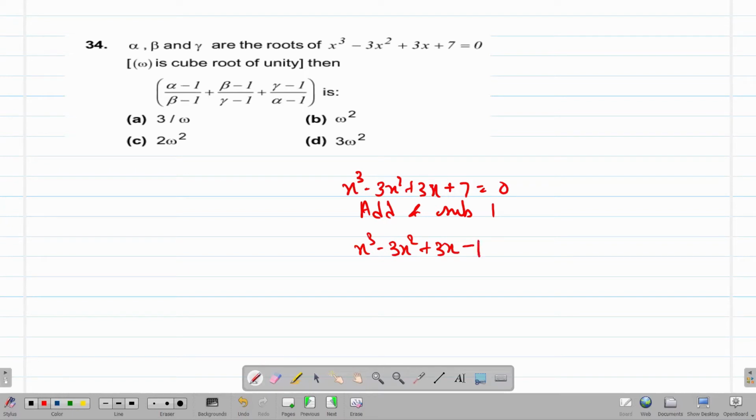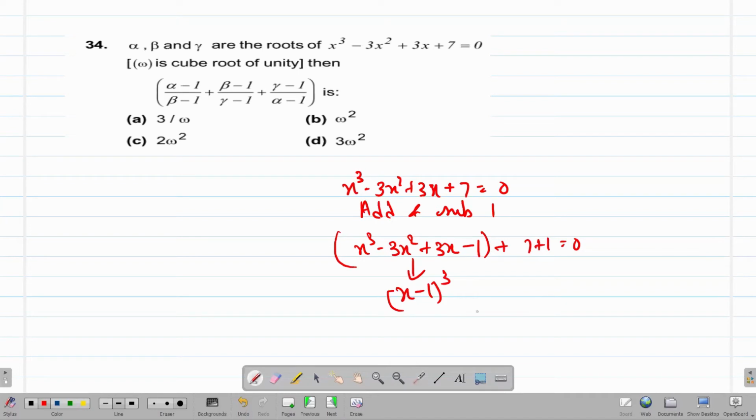This is subtracting 1 and this is adding 1. Now this becomes an identity, equivalent to (x minus 1) whole cube, that is x cube minus 3x square into 1 plus 3x into (minus 1) whole square and (minus 1) whole cube.